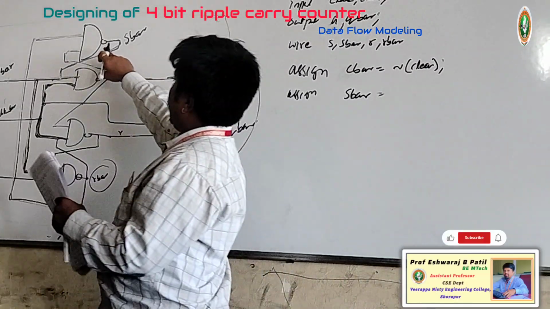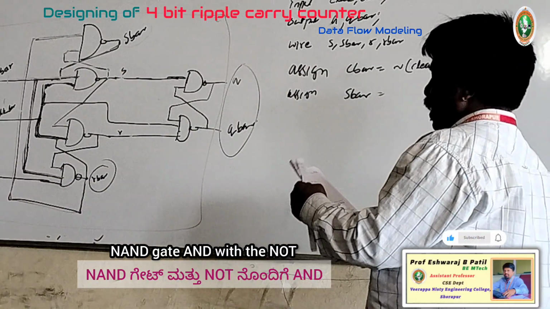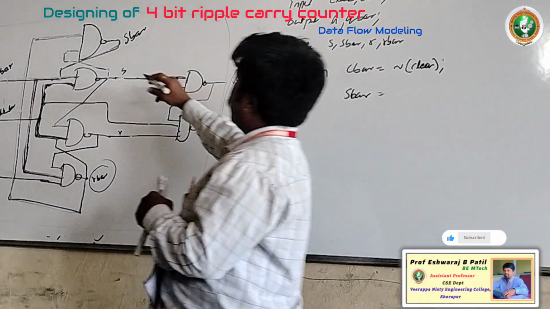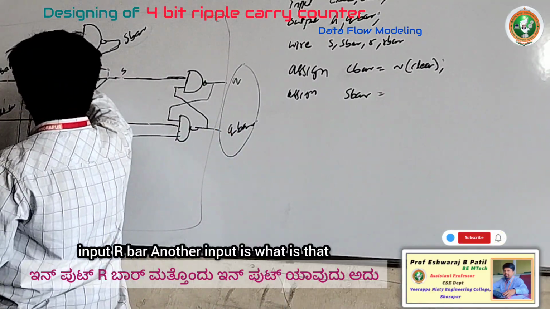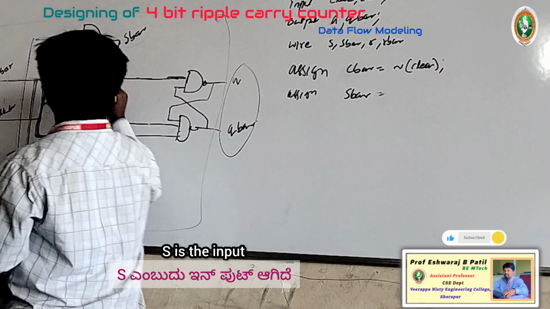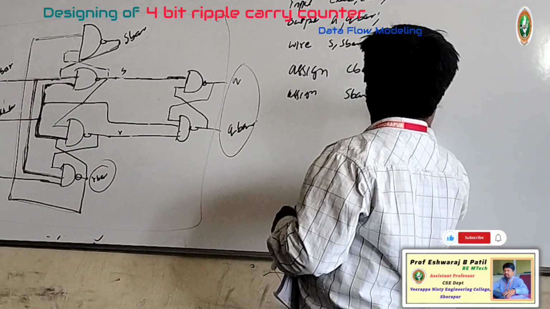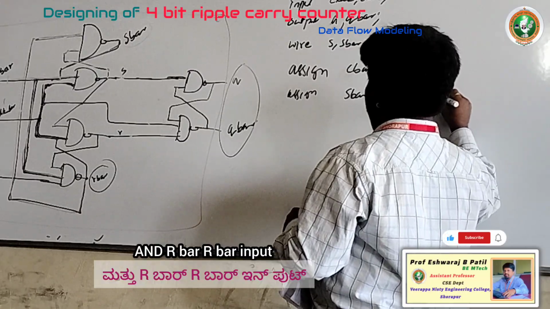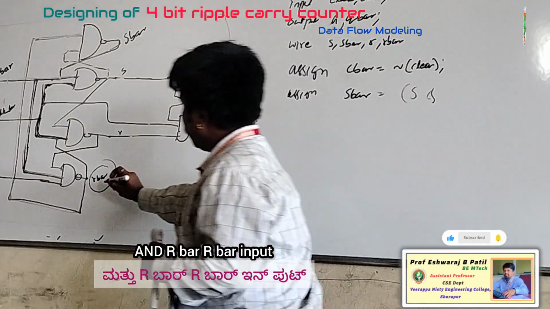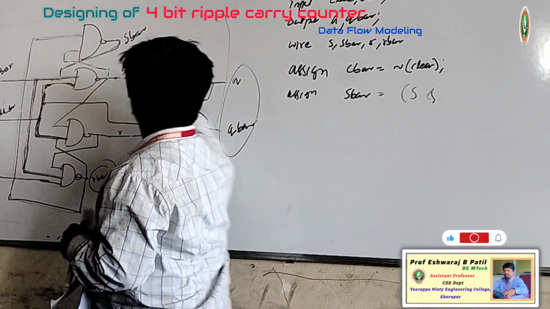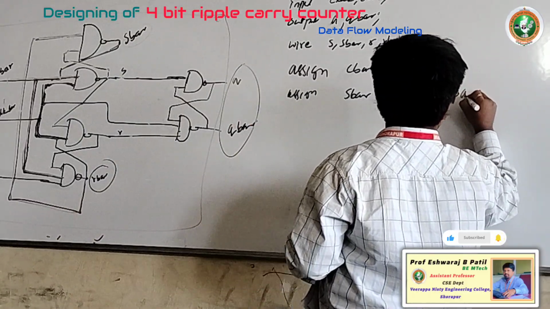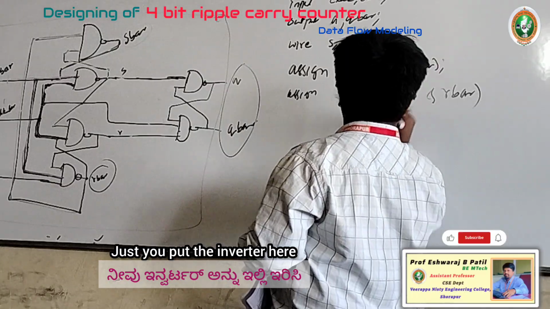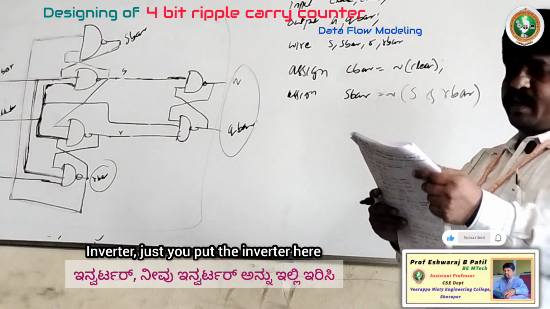The inputs are R bar and S. R bar goes as input here. Just put the inverter here.